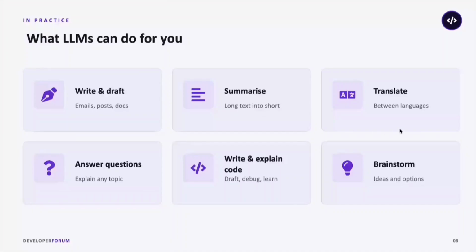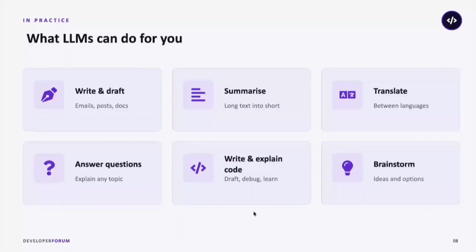You can use LLMs for translating from one language to another, and it can answer your questions on any particular topic. And you can write and explain code with an LLM, where it can help you draft the code, debug it, and help you learn the parameters of functions or how the entire code works.